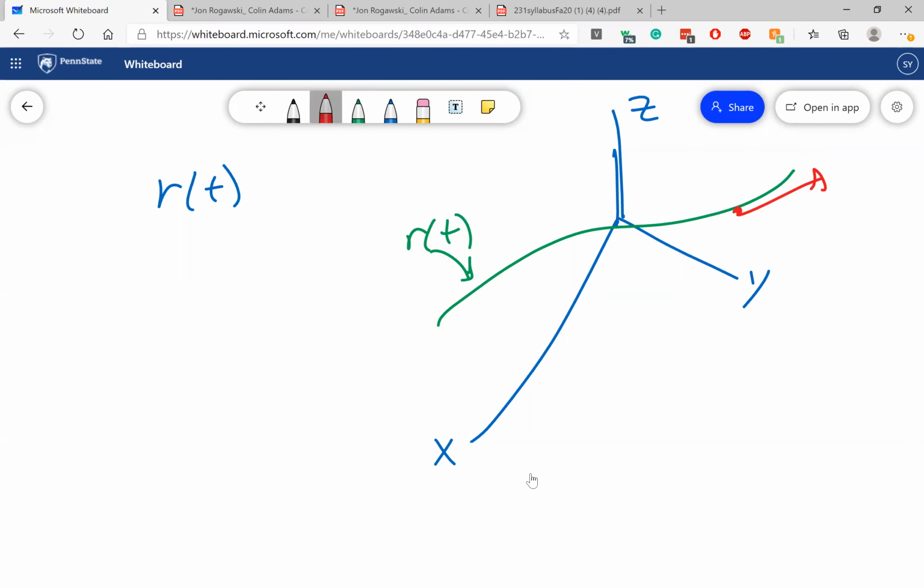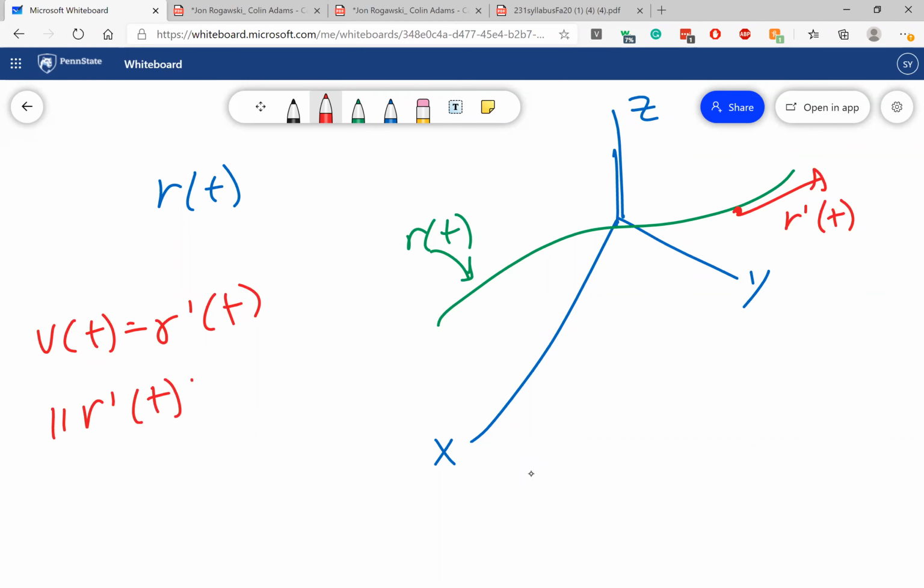And then our velocity vector, r prime of t, that would just be the velocity vector. And we can say that v of t is equal to r prime of t. And the speed would be the magnitude of r prime of t, like we saw last time. So that would be our velocity vector.